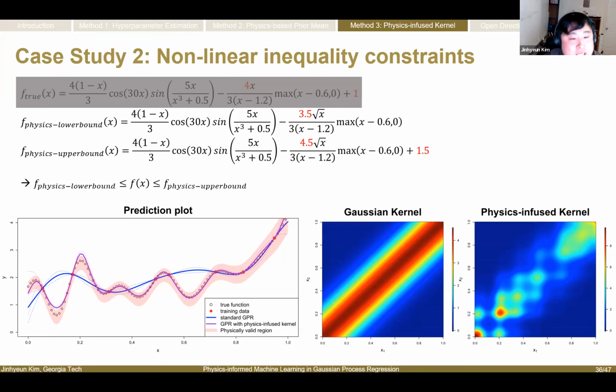And we assume it constructs some of the physically valid region, which is the pink shaded region. By embedding these two bounded inequality constraints, we can actively control the covariance information, as seen in the rightmost plot, to obey the physics we try to embed.